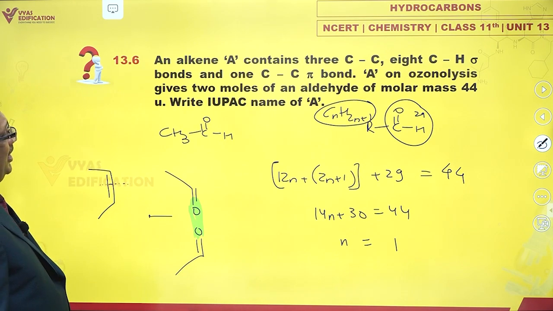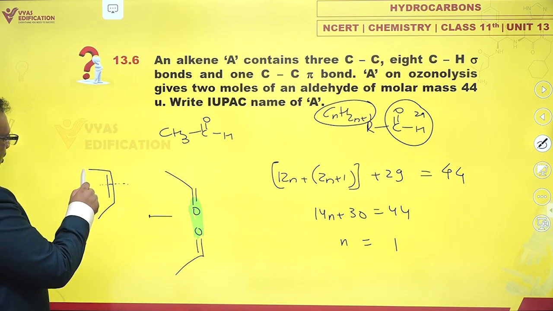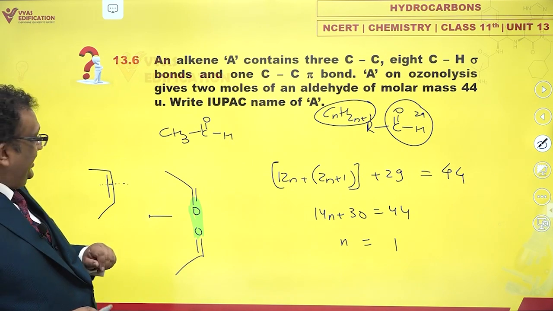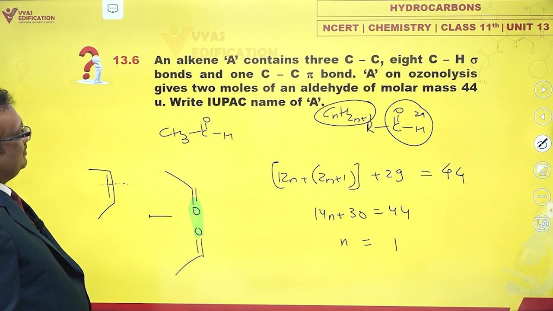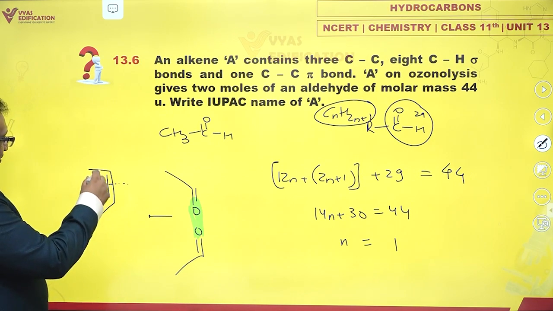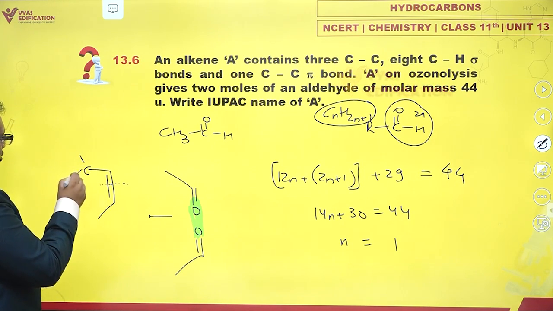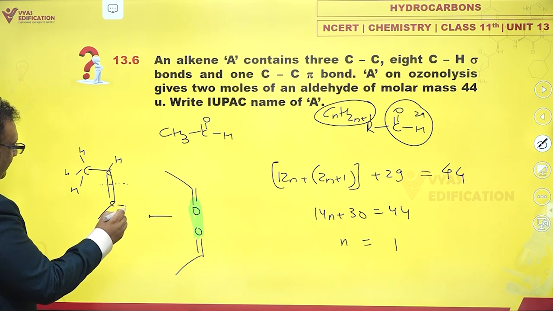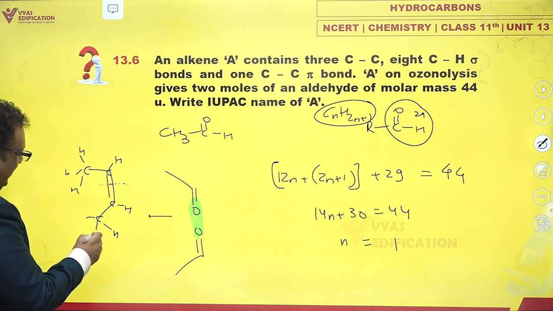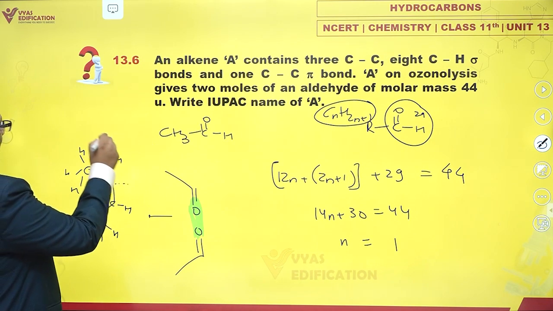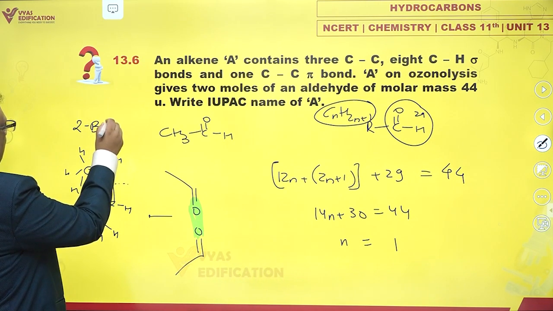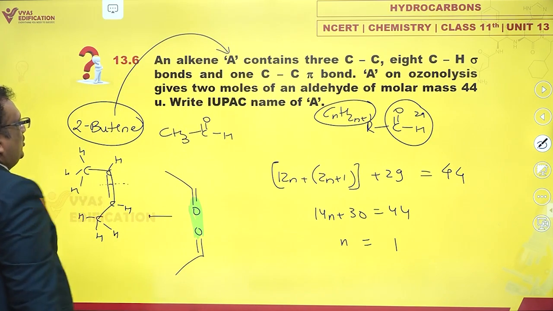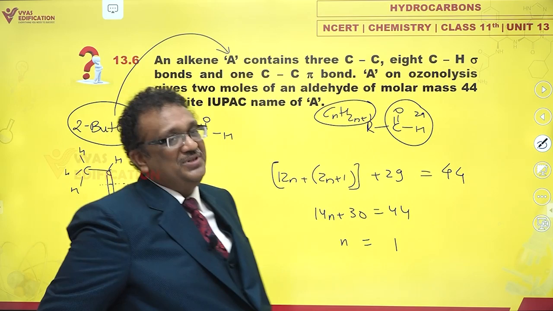It contains 3 carbon-carbon bonds. 1, 2, 3 bonds. Yes. 8 C-H sigma bonds and 1 pi bond. There is 1 pi bond. 1, 2, 3, 4, 5, 6, 7, 8. Yes, there we are. So what we had is 2-butene. So this compound A which we are talking about actually is 2-butene.